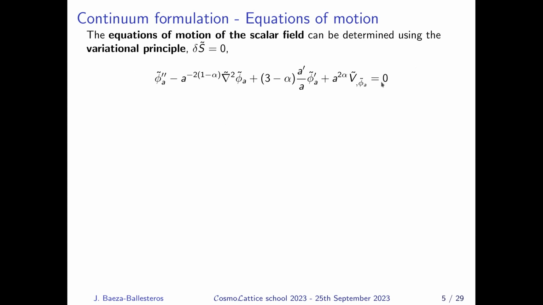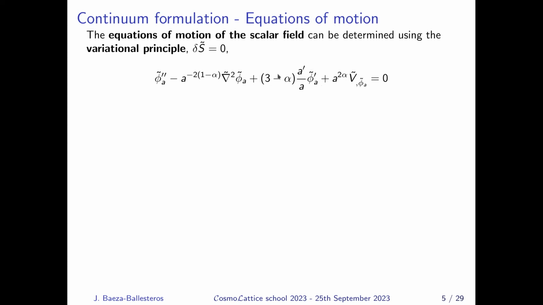So we get this equation, which has different terms. This is the equation of motion for the scalar field, and it contains some different terms. The first one is the second derivative of the scalar field. Then we have the gradients of the field.